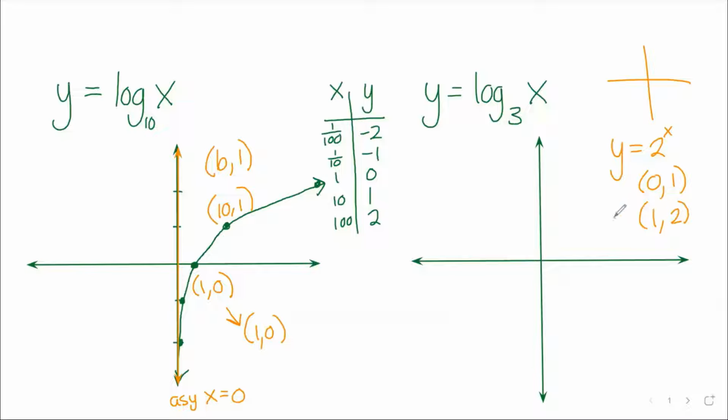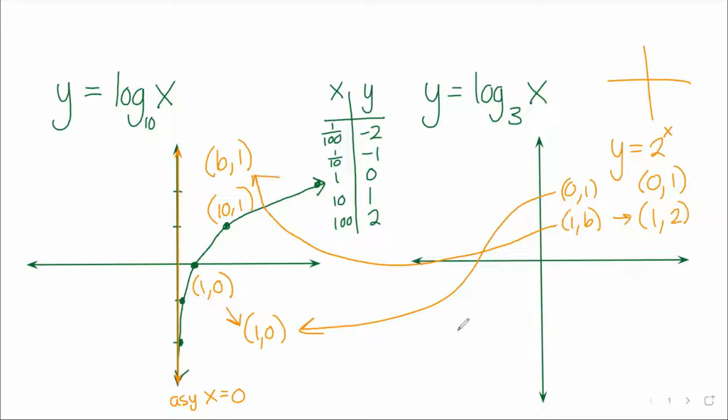In other words, we'd have (0, 1) and (1, whatever the base was). Well, look at this. We've got the same thing, just backwards. So same general idea. And this is what I mean. Pretty much everything that we do with logs is either the same thing or like the flip version, but very much related to how we did it with exponents.